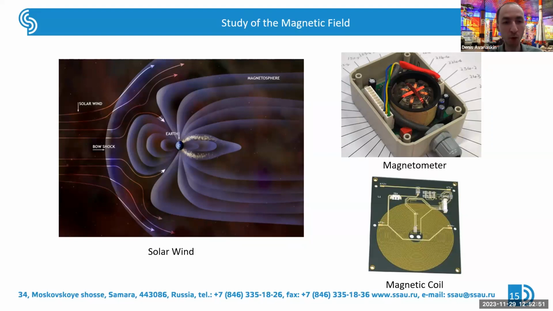I hope you know that our Earth is surrounded with a magnetic field that protects us from the solar wind, and we can measure this magnetic field to know how it works and how we are protected from different rays that fly not only from the sun, but also some different cosmic rays that are not very good for a human body.